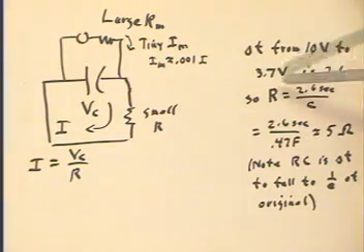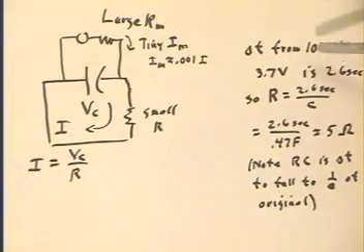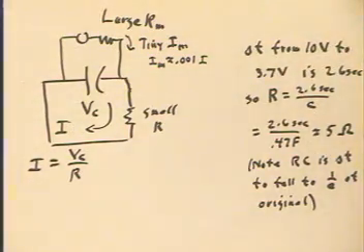We go from 10 volts to 3.7 volts because from 10 to 3.7 is a factor of 1 over e, meaning that as we go from here to here, the time t goes through one time constant. We saw that earlier, and we're just using that result.